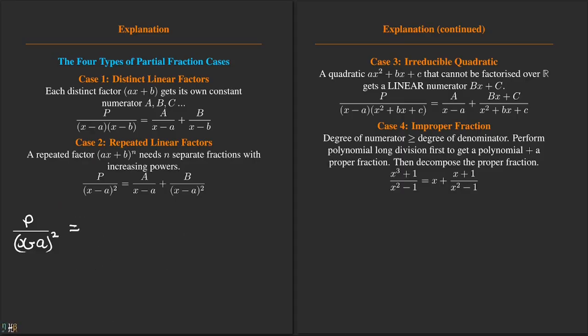Rather, you take your first constant, A, over what is repeating, which is x minus a, and then you have a plus B over the whole thing you have here as your denominator, that is x minus a all squared. And then you solve. So this type is what we call case 2, the repeated linear factor.